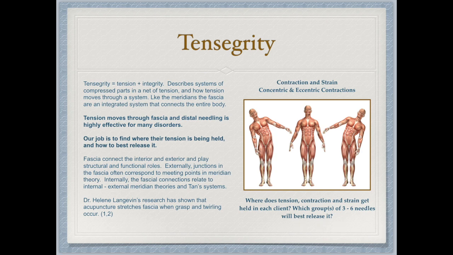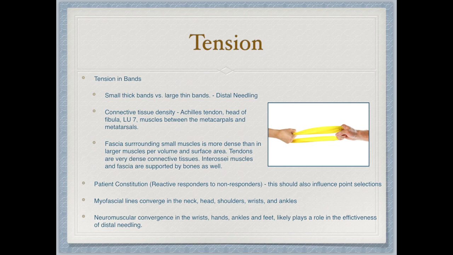Let's go ahead and move on to the next section, where we talk a little bit more about tension. Many of you are probably familiar with resistance bands. We see them here. A lot of people are using them in their workouts, and they're a helpful thing to reflect on as we think about the principles of tensegrity and the myofascial lines.